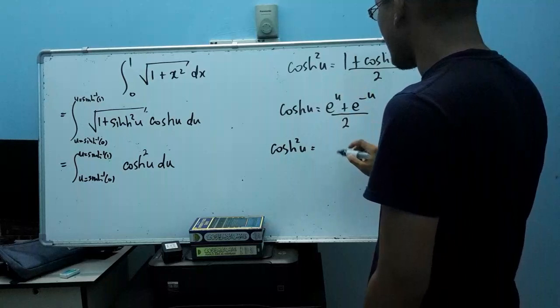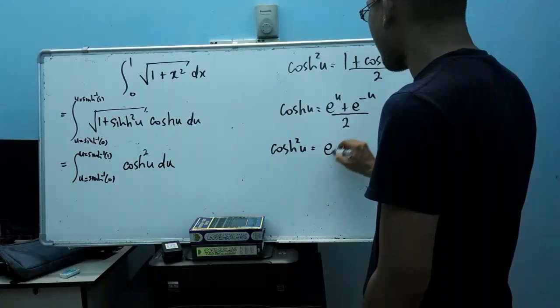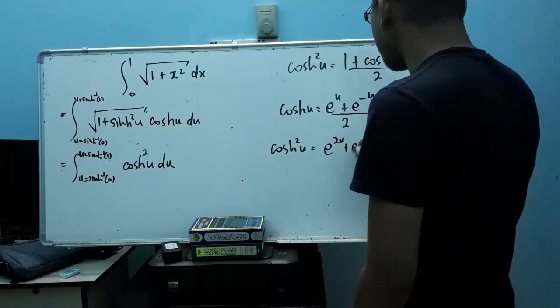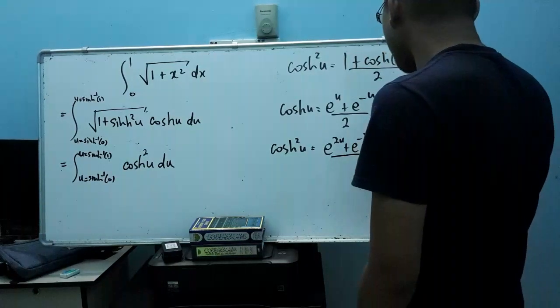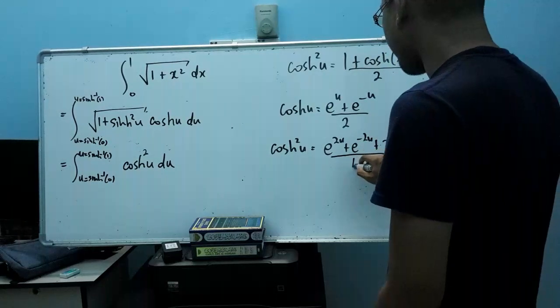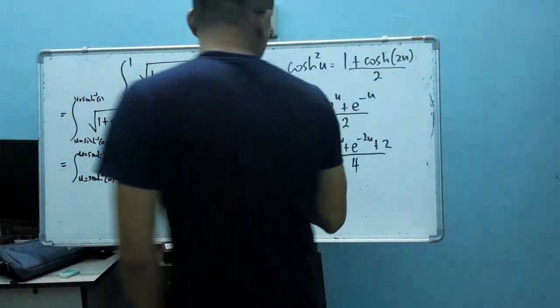When I square this, I will have e to the power of 2u plus e to the power of minus 2u, plus 2, over 4.